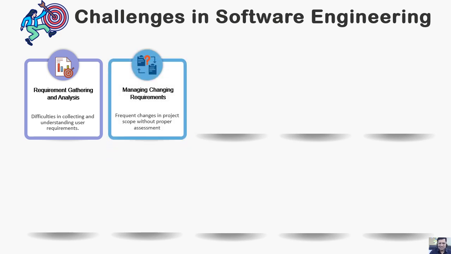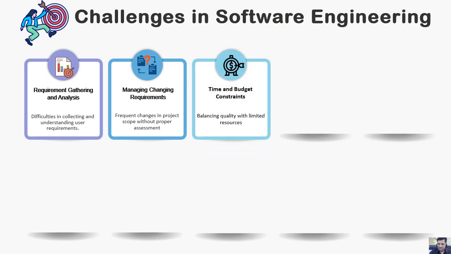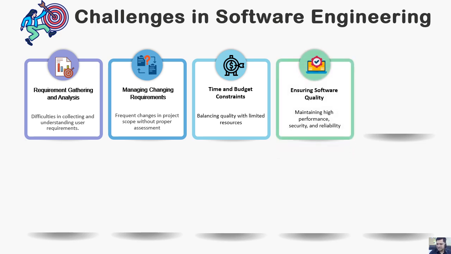Next, managing changing requirements. Since requirements change in a project very frequently, without proper assessment it is very difficult to manage them. Then time and budget constraints: balancing quality with limited resources is a very challenging factor in software engineering.